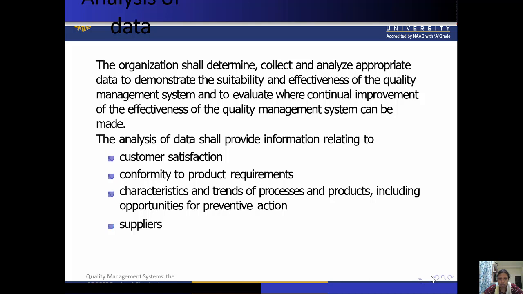The analysis of data shall provide information relating to customer satisfaction, conformity to product requirements, characteristics and trends of processes and products, including opportunities for preventive action, as well as suppliers.